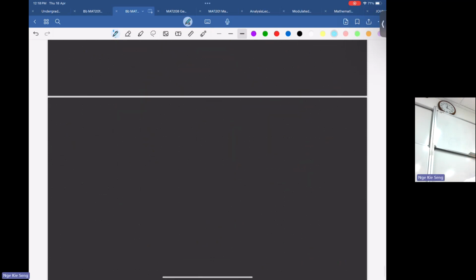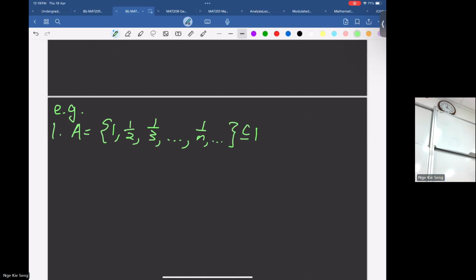All right, so let's look at some examples. Let's look at this sequence here. I think this is also the sequence we learned in MA1, where I gave them a proof that this sequence converges to 0 using the epsilon-N definition.